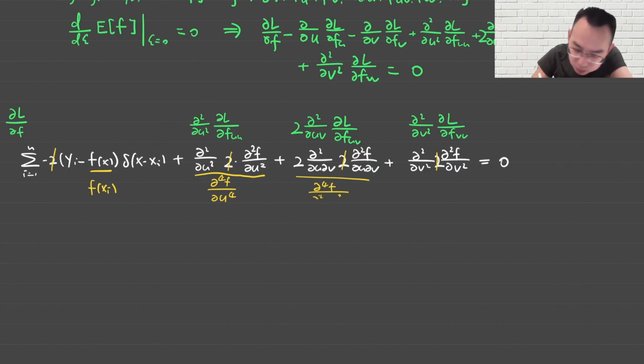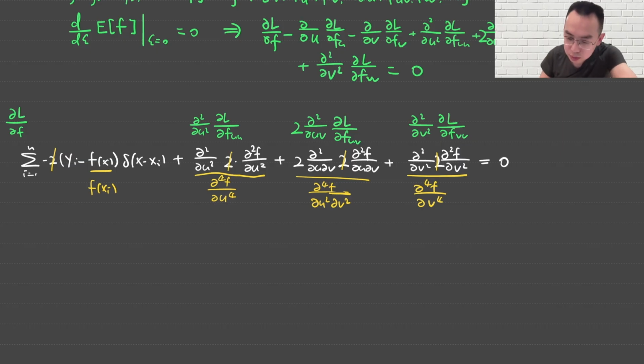I don't think I'm putting this superscript correctly. And this one here is going to be the fourth derivative of f with respect to v.